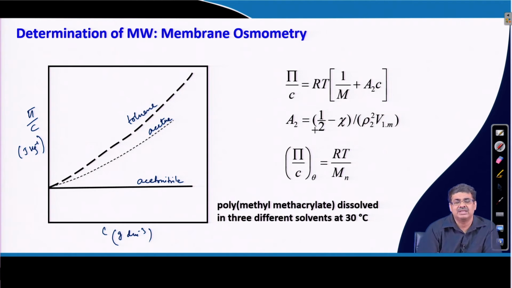The lower the value of chi, as we have seen earlier, the better is the solvent quality for that polymer, hence the slope also increases.